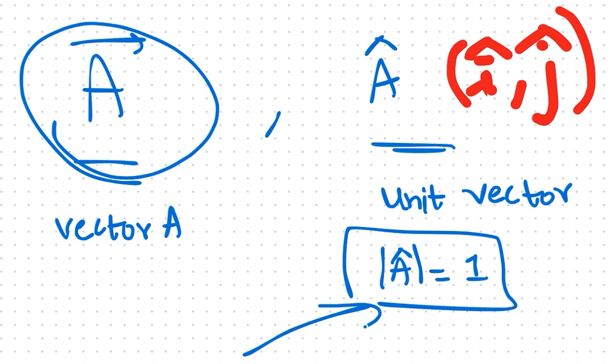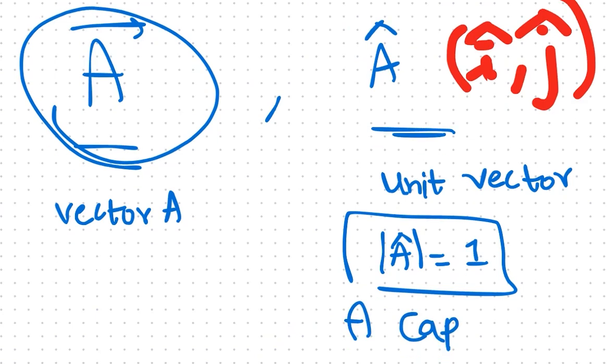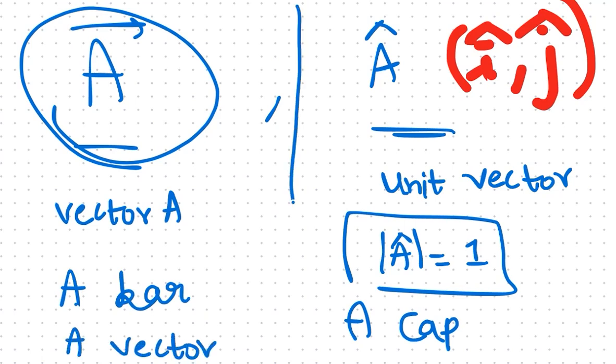So specifically, unit vectors you have to represent by cap. This is pronounced as A cap, I cap, J cap. And this is pronounced as A bar, or A vector, or vector A. Same thing.